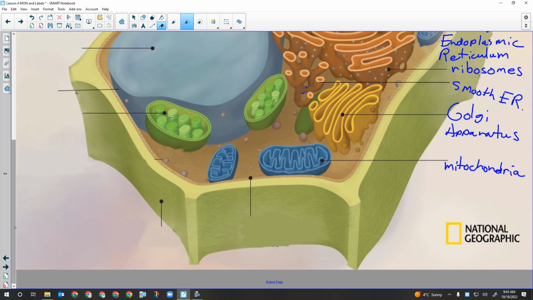Okay, now this dot here is pointing, you can see there's a layer inside of the green layer, okay? So that is pointing at that layer, and that layer is the cell membrane.